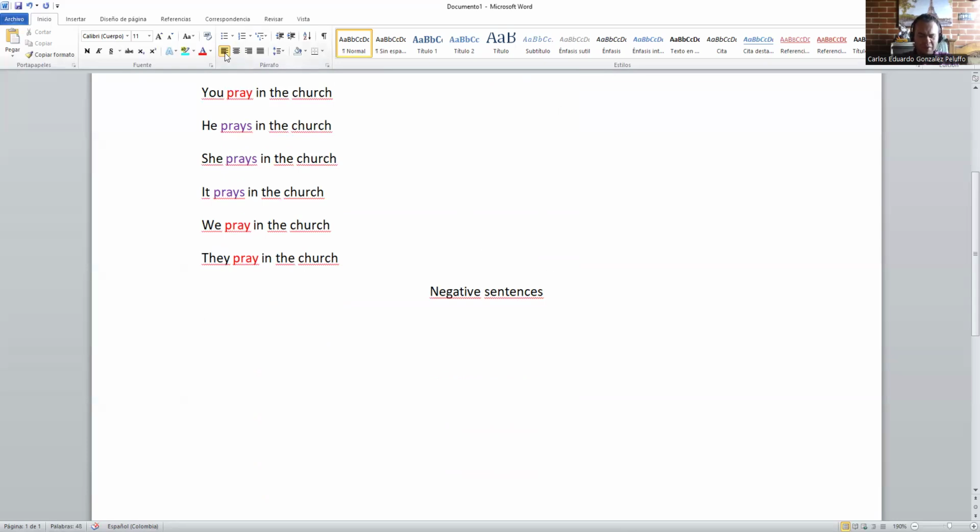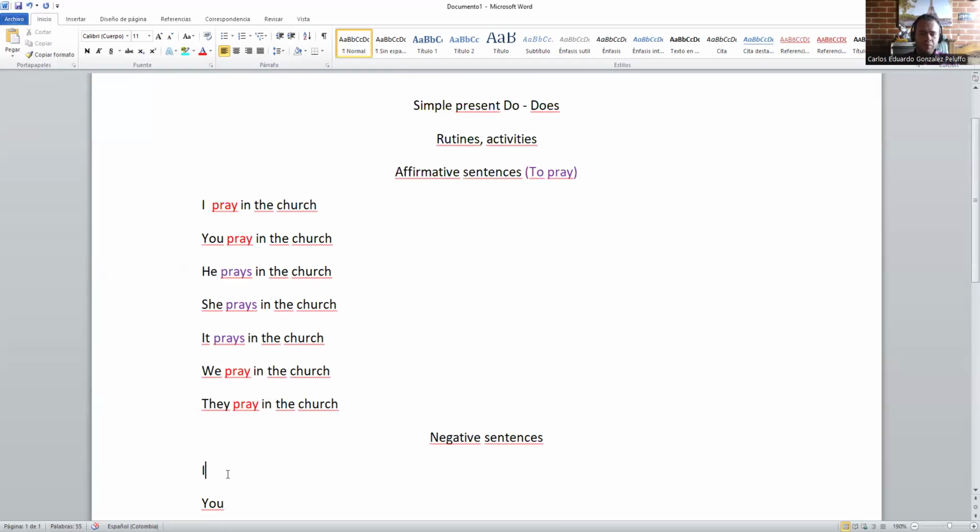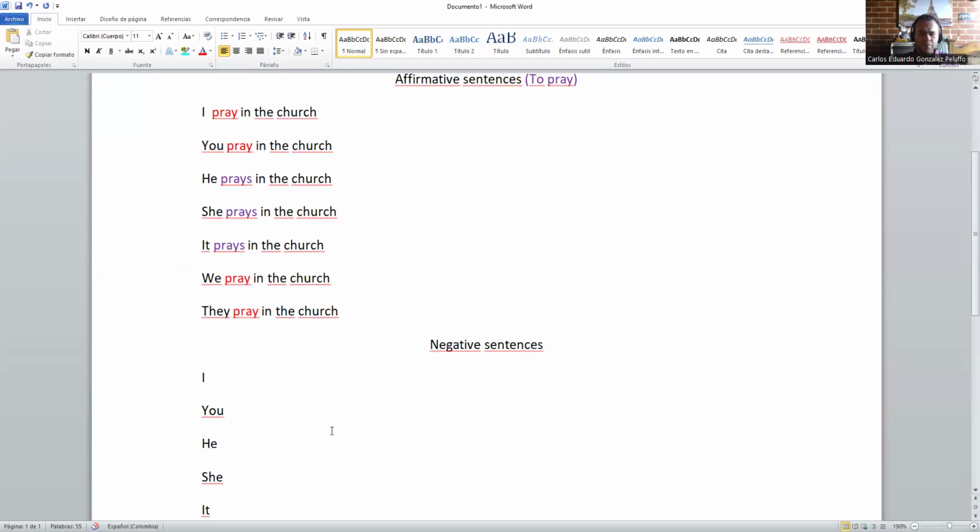Yeah, the same pattern: I, you, he, she, it, we, and they. It's important to identify which auxiliary we're going to use.